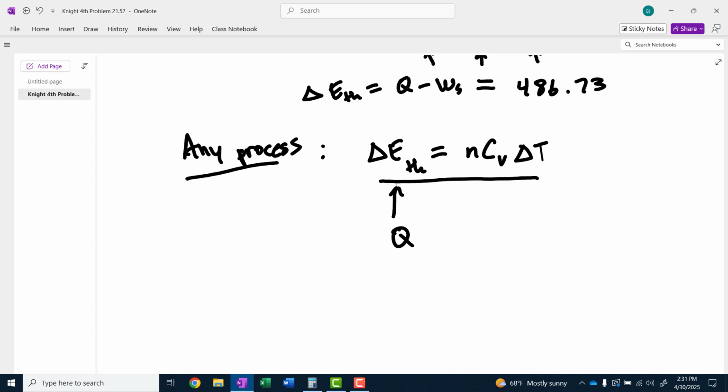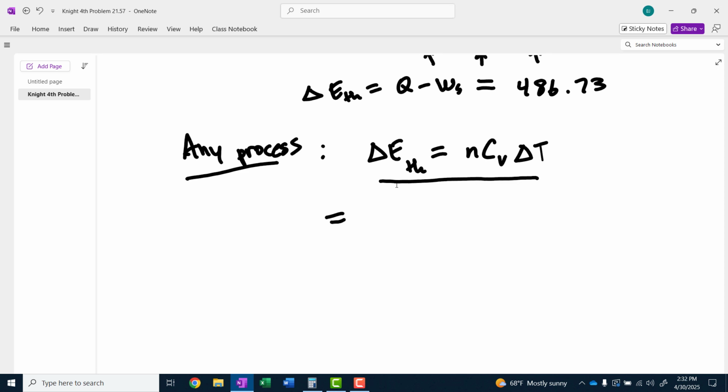Sometimes when you're determining Q, W_s, and delta E thermal, the easiest thing is to calculate delta E thermal using this equation. In fact, if you go back, you could probably redo part of this problem by calculating delta E thermal rather than the work or the heat. There's often more than one way to do it, and sometimes you can do both as a check. So let's, for this final process, 3 back to 1, calculate delta E thermal using this equation.